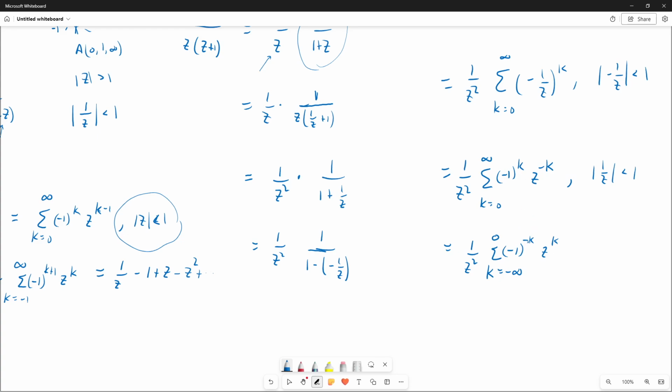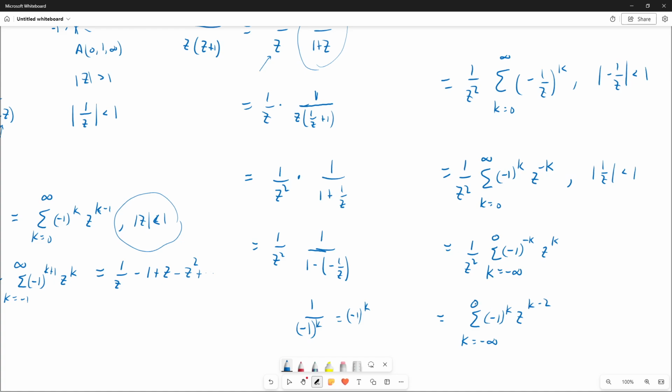Now, -1 to the -k just means 1 over (-1 to the k), but that is the same as -1 to the k. So we have summation k goes from -infinity to 0 of -1 to the k, and it's z to the power k minus 2.